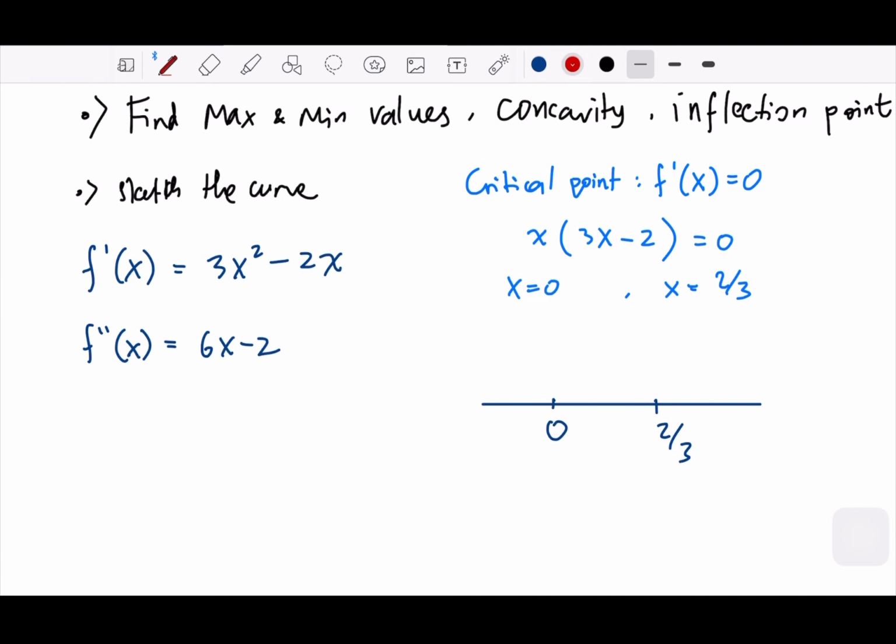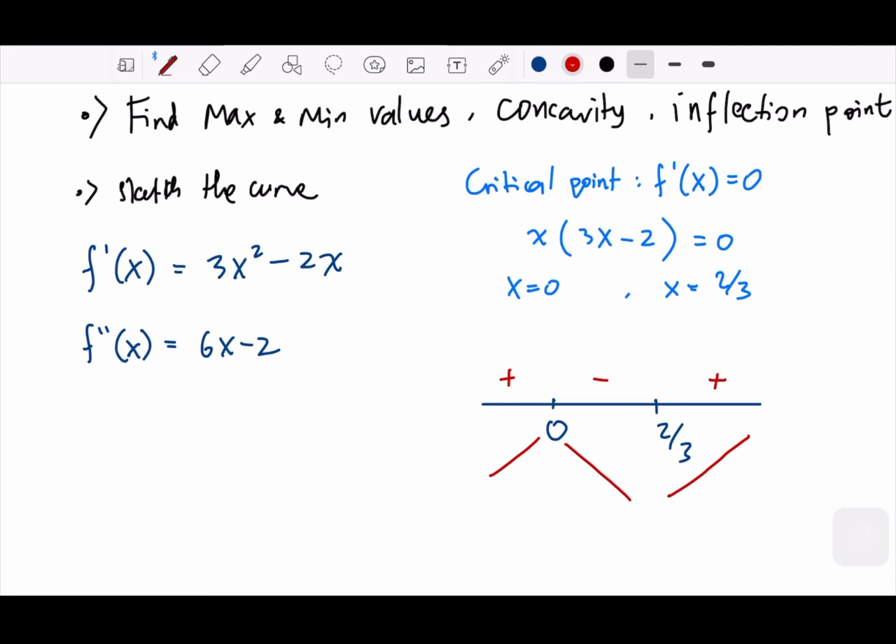If we take negative 1, negative 2, it will be positive, because negative minus, multiplied with negative, should be positive. Then take something between 0 and 2/3, maybe 1/3, and I think it should be negative. And then of course this will be positive if you check with 1 or 2, or 3. So from here we can see that it's going up, going down, and going up.